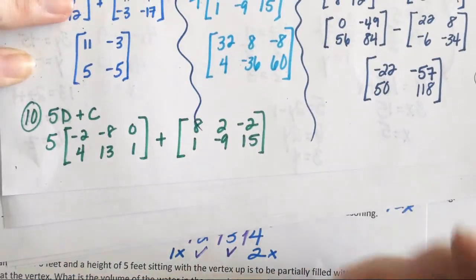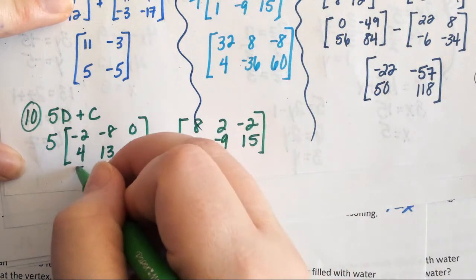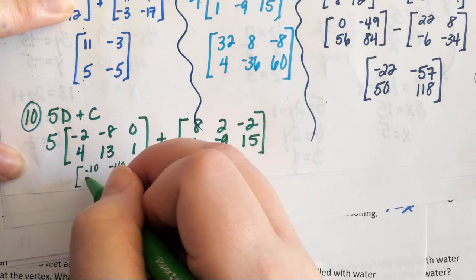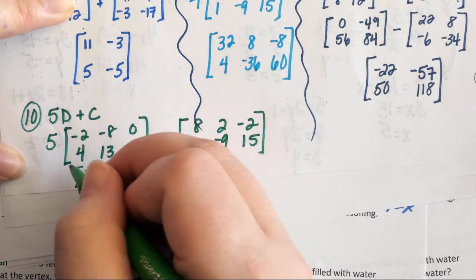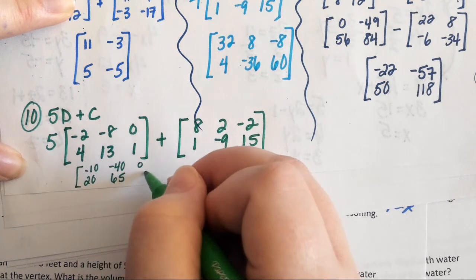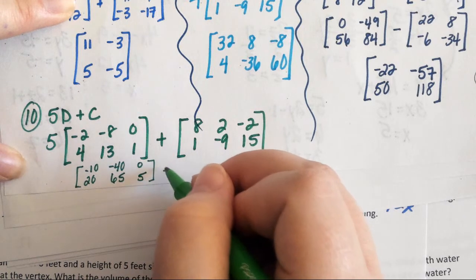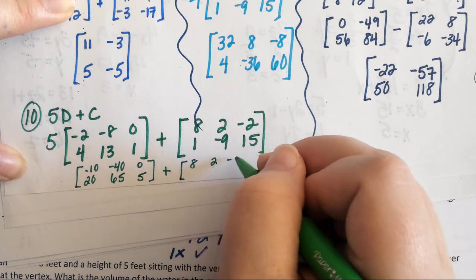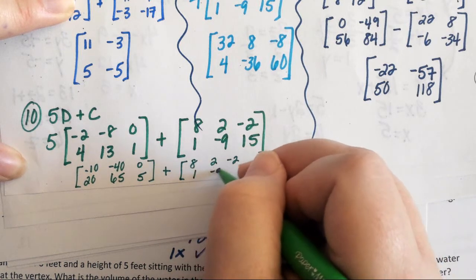So 5 times D is going to be negative 10, negative 40, 0, 20, 65, 5, plus, and this one didn't get multiplied by anybody, so I'm just going to write them down again. 8, 2, negative 2, 1, negative 9, 15.